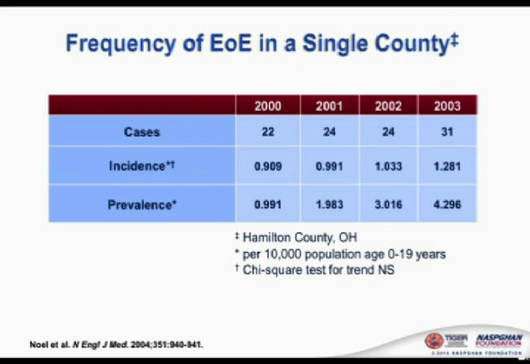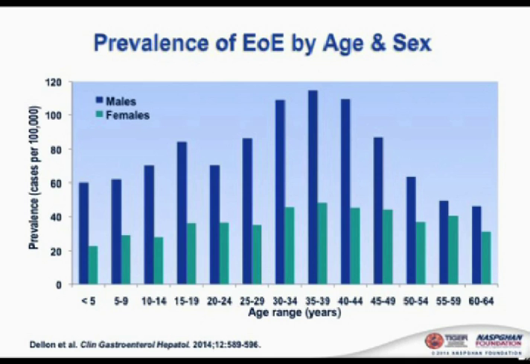Since then, several other studies have suggested that the incidence of EoE may actually be greater, closer to 1 in 5,000 people. This graph represents the prevalence of EoE in children and adults upon review of multiple studies over the past 10 years. Notice that the disease occurs twice as often in males and that the findings are similar for both children and adults.